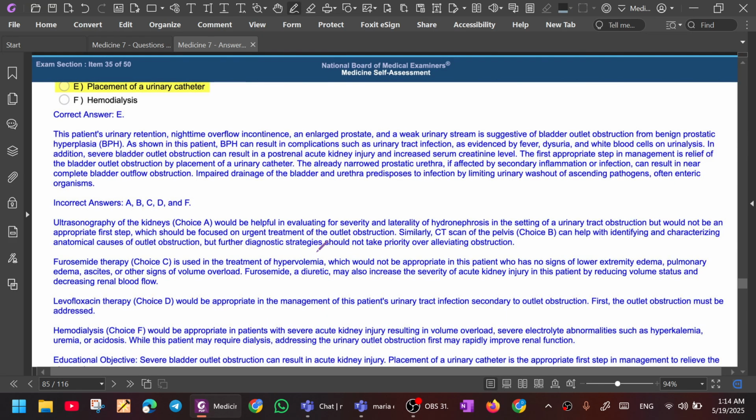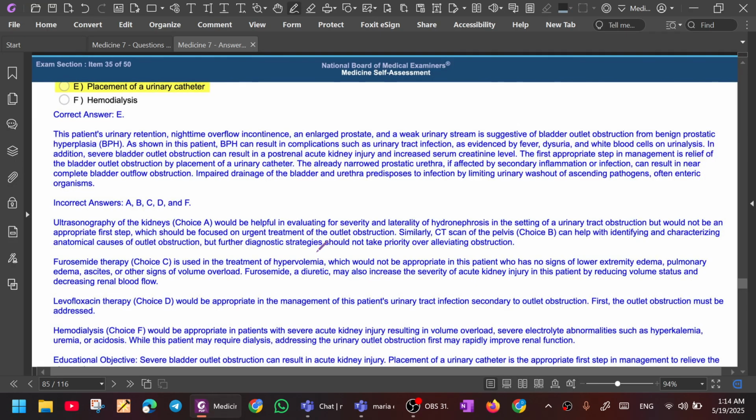Ultrasonography of the kidneys would be helpful in evaluating for severity and laterality of hydronephrosis in the setting of urinary tract obstruction, but would not be an appropriate first step.